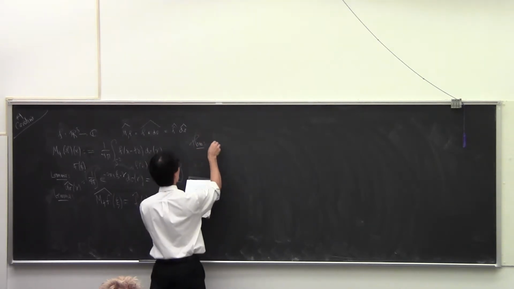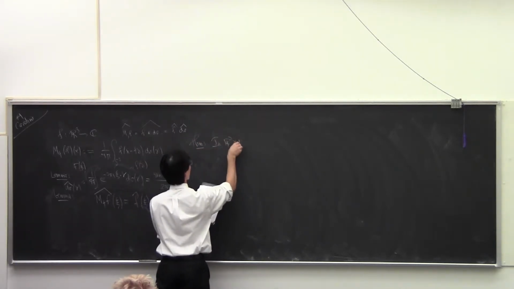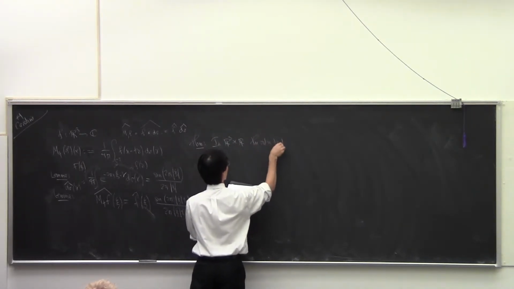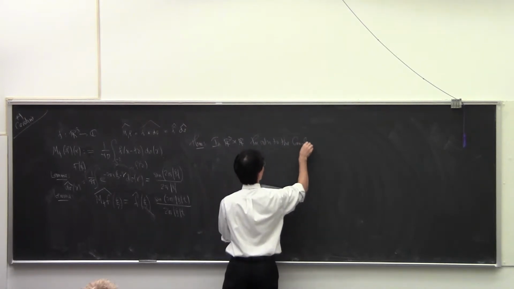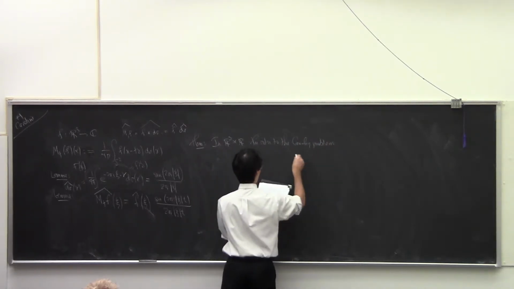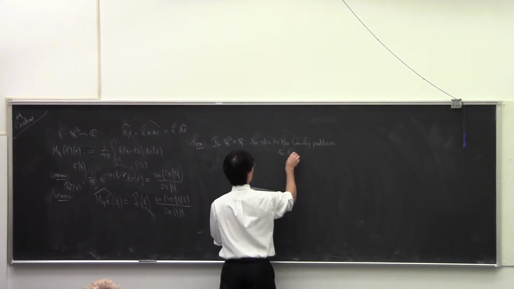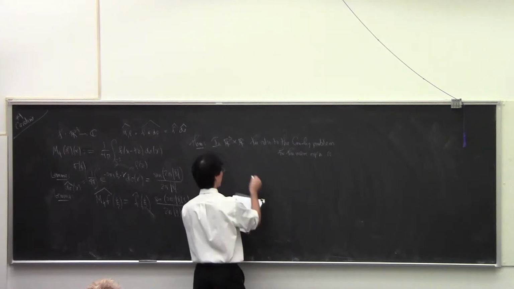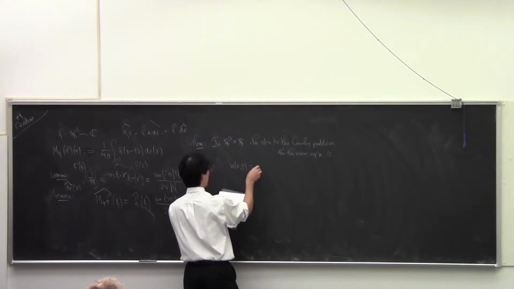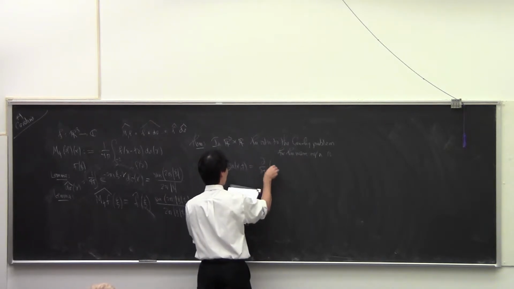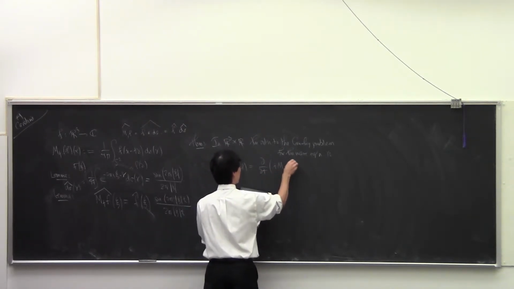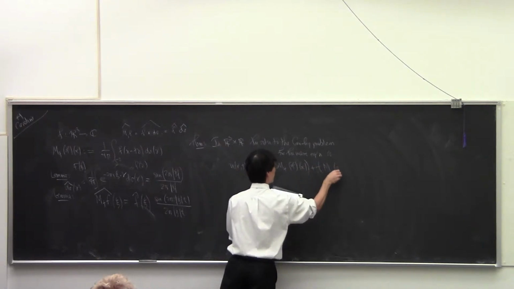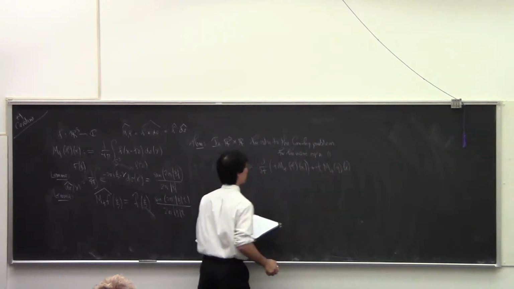Here's the theorem: the solution to the problem for the wave equation is expressible like this, d/dt of t times the spherical average of f at x, plus t times the spherical average of g.